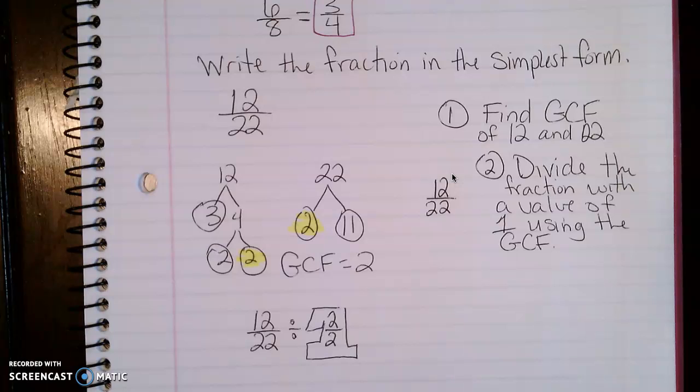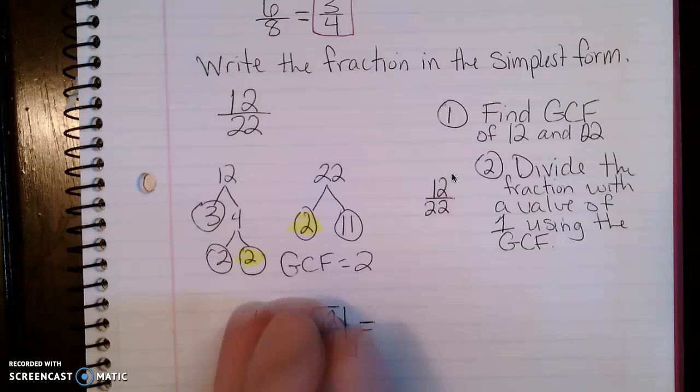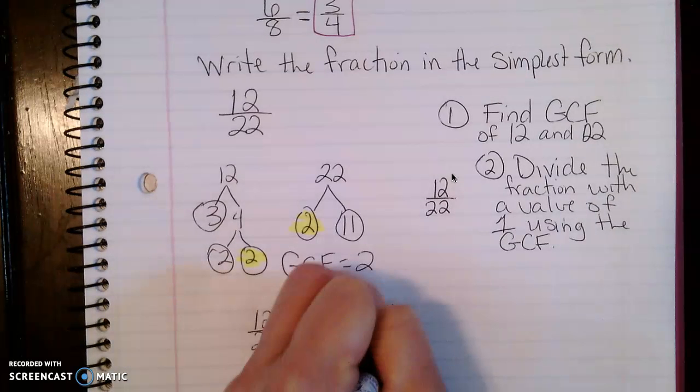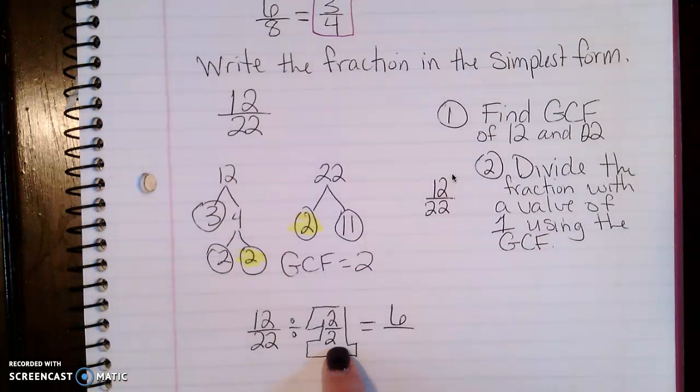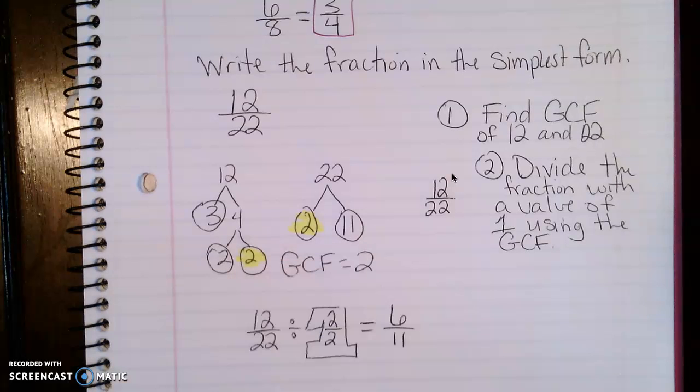So if I do 7 divided by 1, that equals 7. 8 divided by 1, that equals 8. So if I divide 12/22 by a value of 1, it is going to have the same value. So 12 divided by 2 is 6, and 22 divided by 2 is 11.